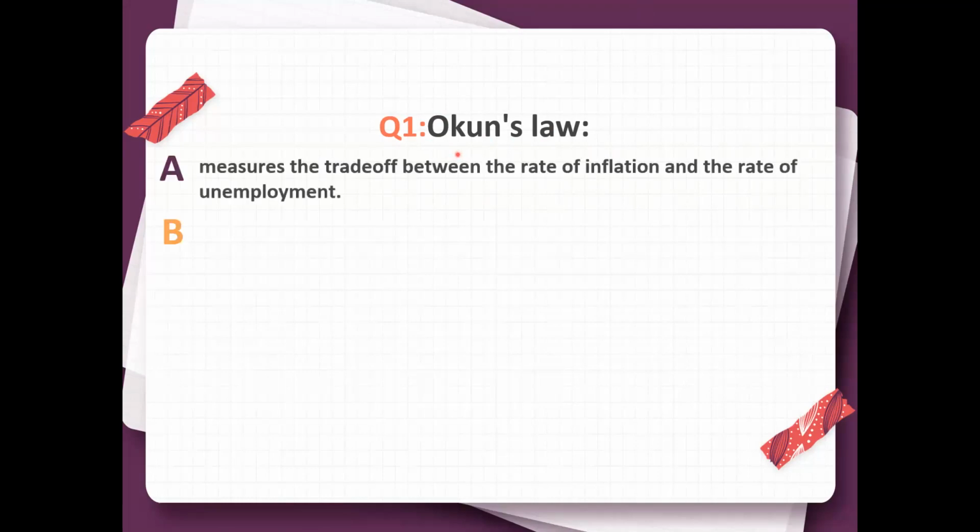So we go to questions for this part. First, Okun's law. Okun's law is an important law which describes a relationship between output and unemployment.